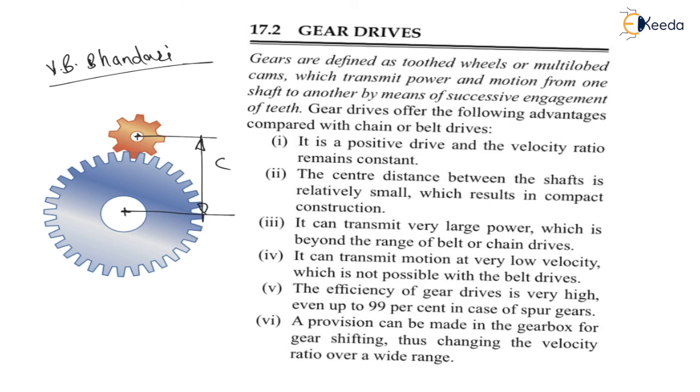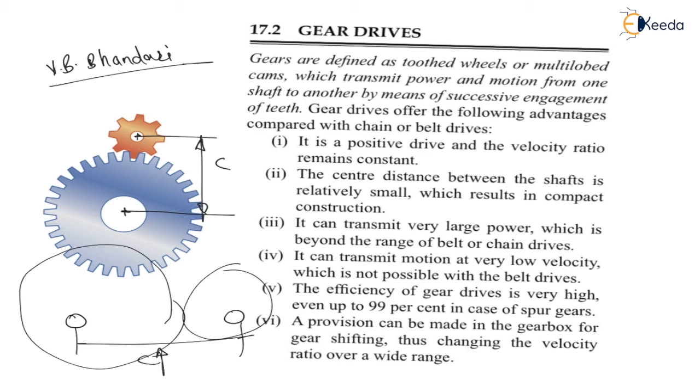But my dear student, there is one disadvantage for this gear drive. That is, if this center distance is very high, let us say between one shaft at this location and another shaft at this location, then manufacturing such type of large gear is very difficult and very costly also.